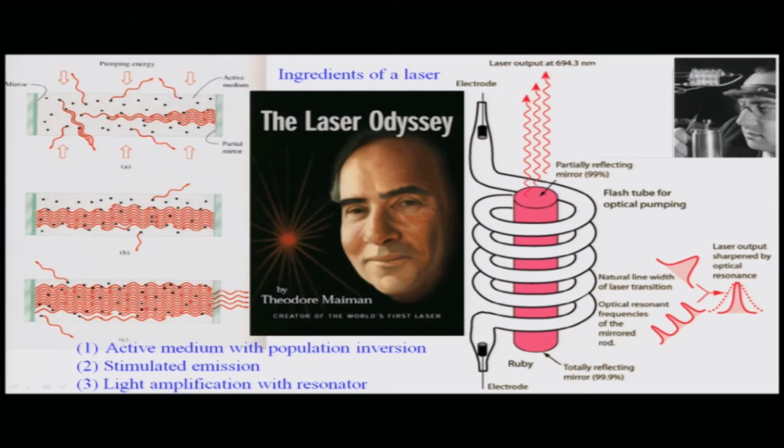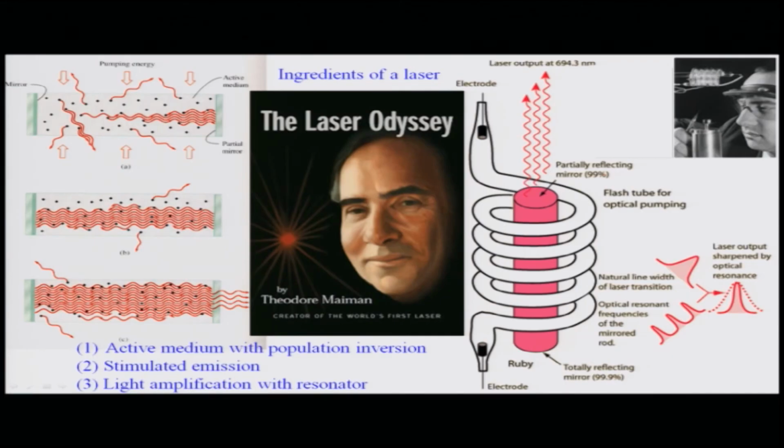This slide tries to put together all the basic principles that went behind the demonstration of the first laser. It's an extremely important step, because when the first laser, the first maser, was demonstrated, it was almost immediately proved, as we have also shown over and over again, that a 2-level system would not be able to produce lasing at all.